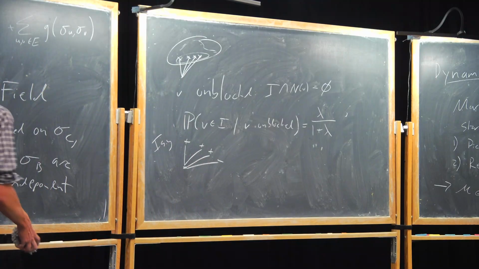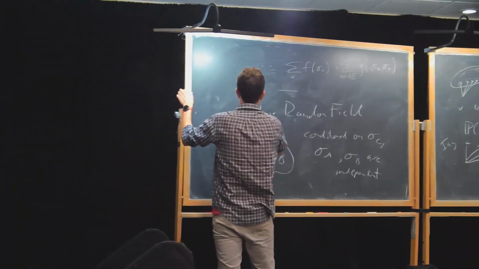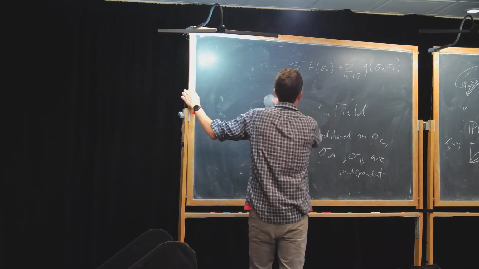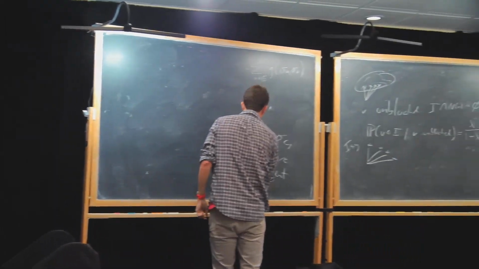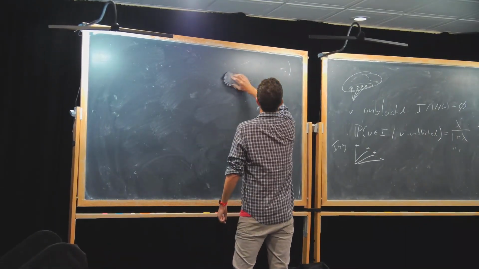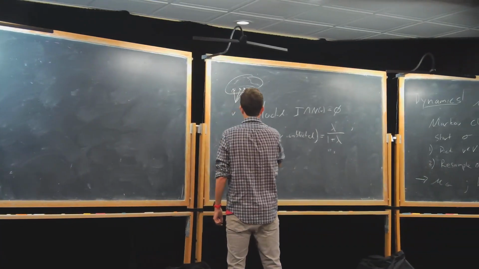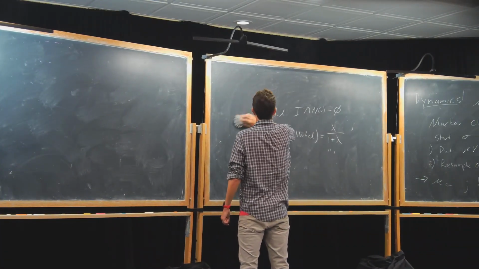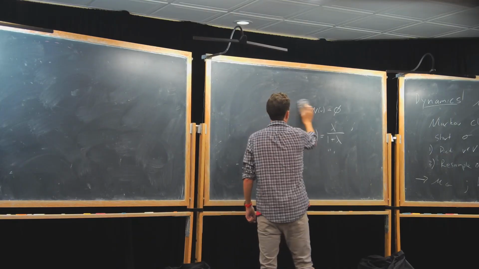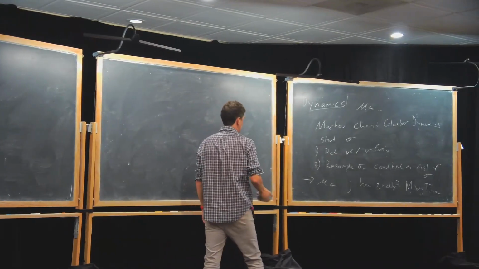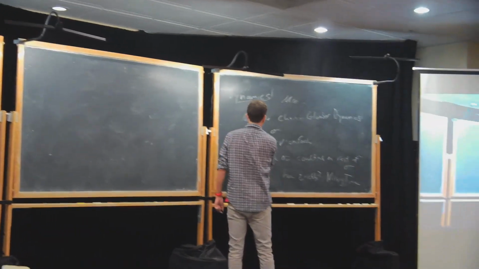Okay, so let's move on to lecture 2, or topic 2. The first thing I want to do is put up a dictionary with some statistical physics words on one side and some combinatorics words on the other, just to say that there's a glossary that you can translate between the two.